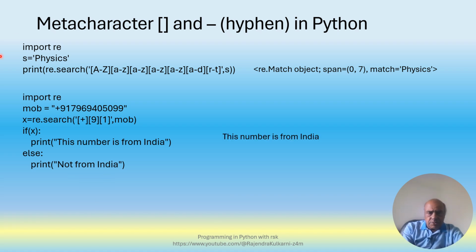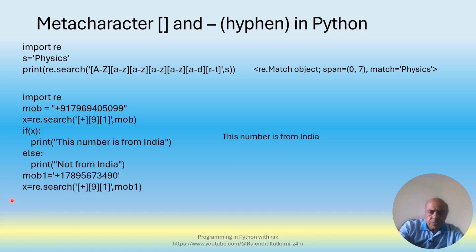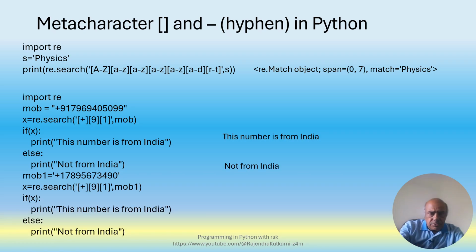Since plus 91 is present as the first three characters in the string mob, we get "this number is from India". If we use the same search criteria with a string mob1 containing plus 1 and some random numbers, what we get is "not from India". Naturally, plus 91 is not present in mob1.